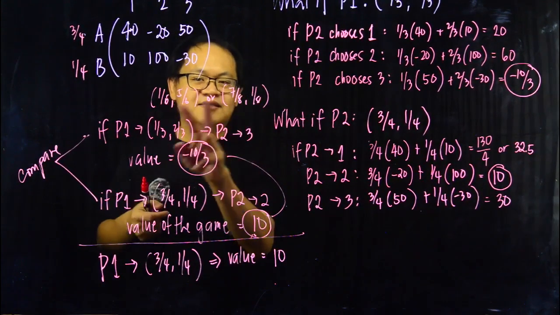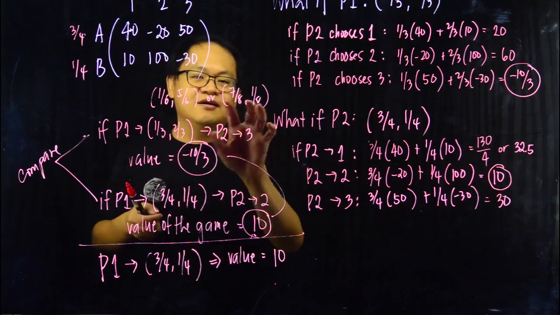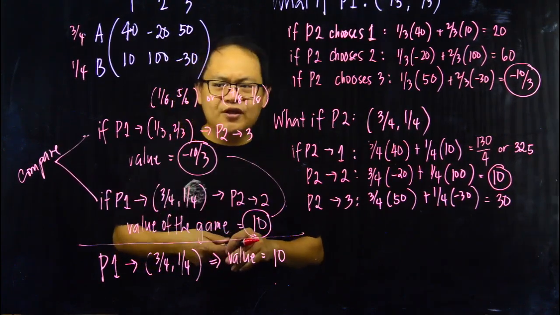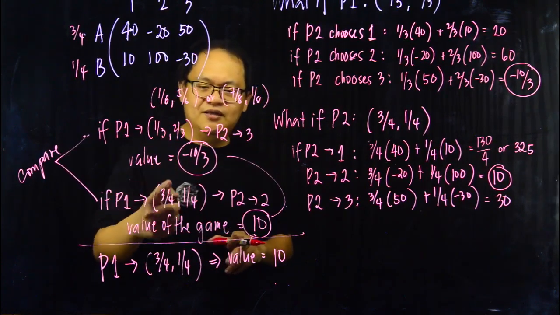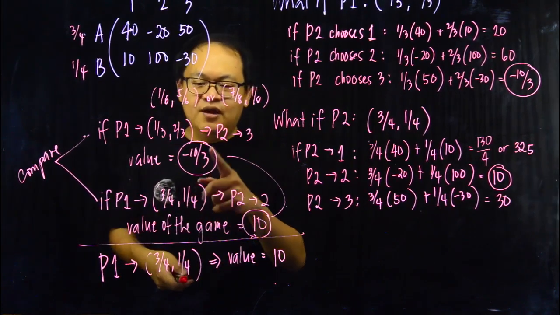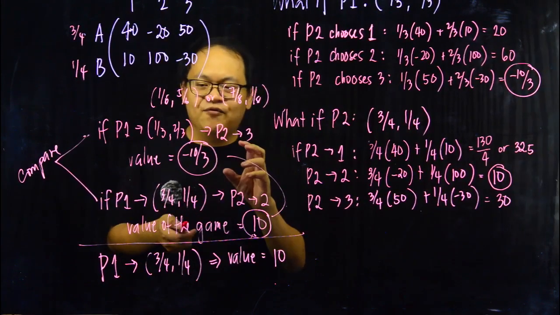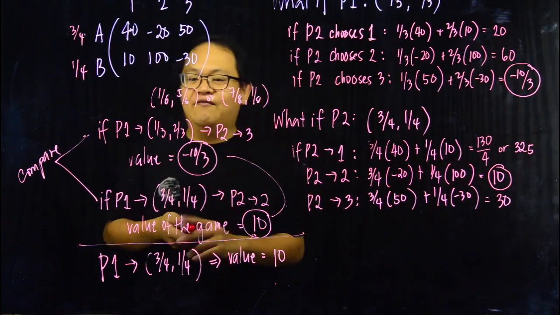Aren't these other strategies also available to player 1? So why are these two the only possible solutions I'm presenting? I'm presenting these two just to show you the dynamics of what player 1 and player 2 will actually decide eventually.